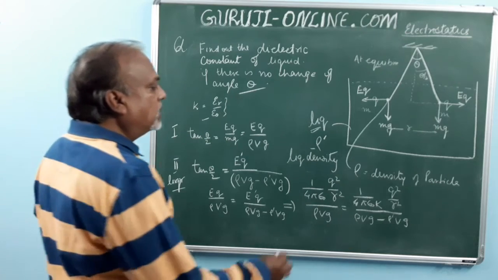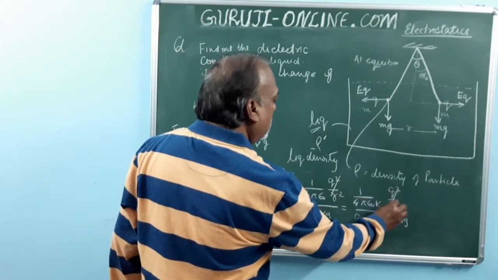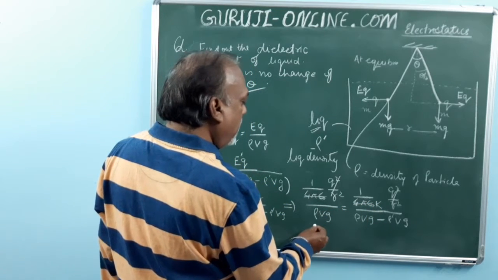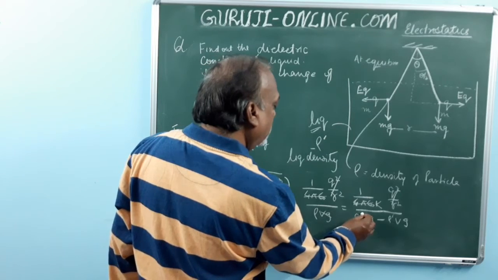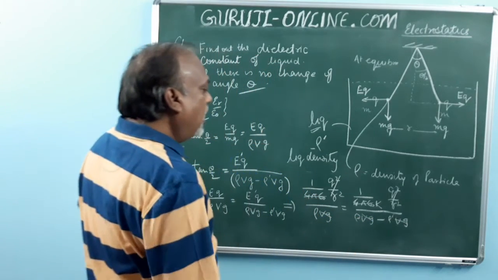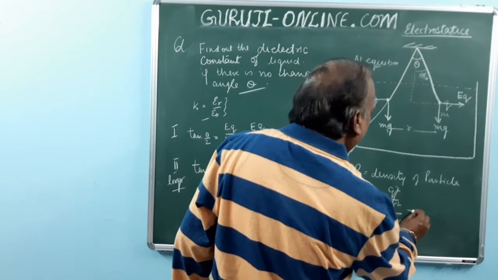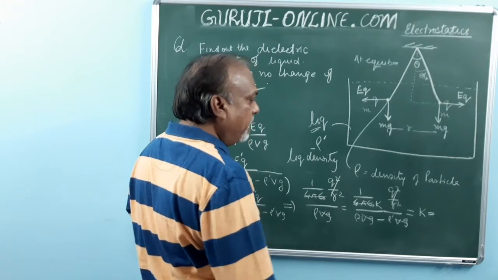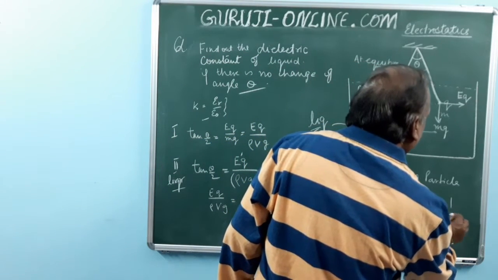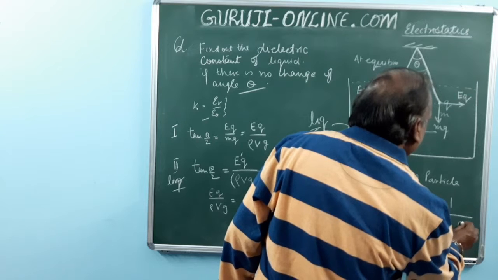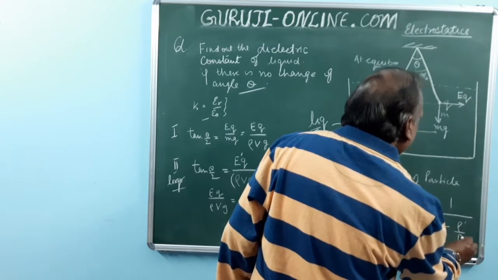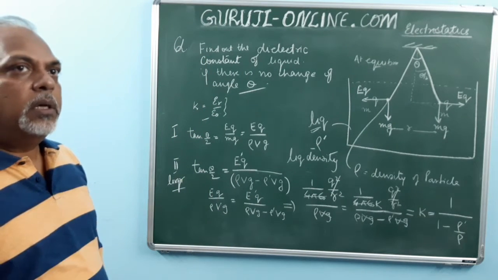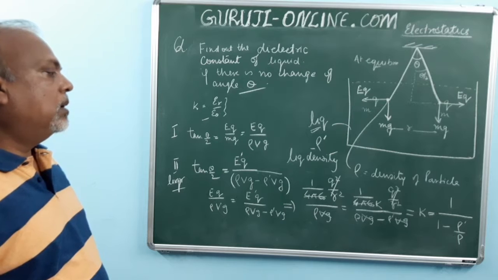Now most of the factors will cut. All these things will go here. Vg will also go. Ultimately K will be nothing but 1 upon 1 minus rho dash upon rho, density of the liquid divided by density of the particle.